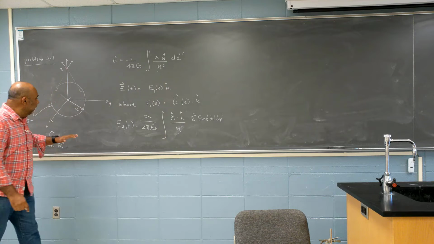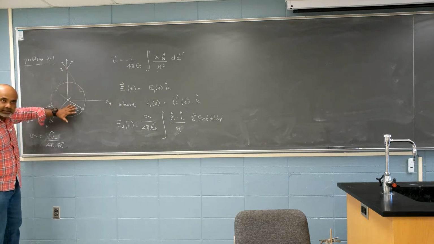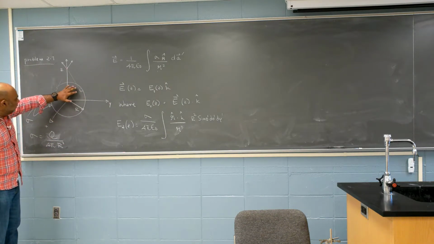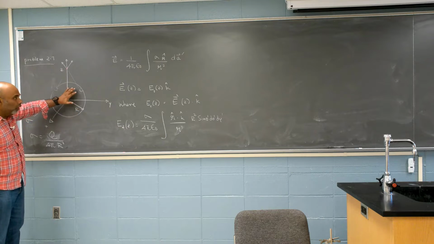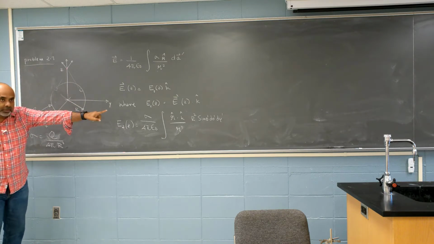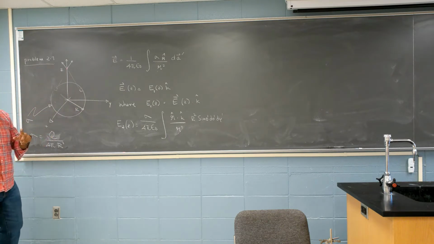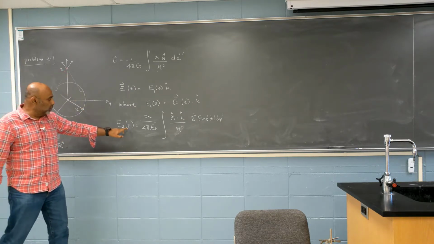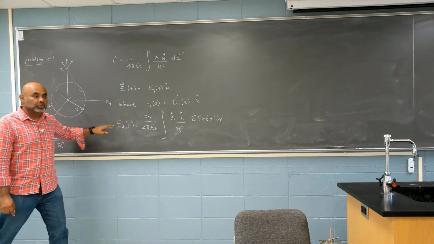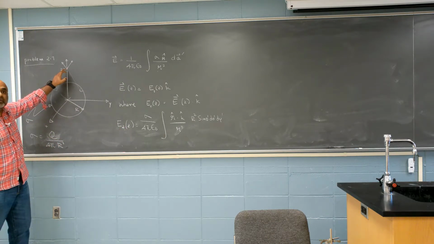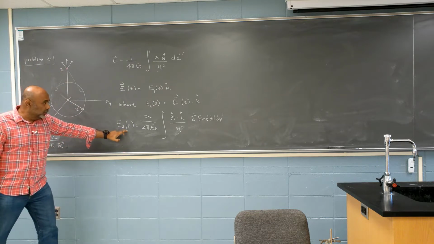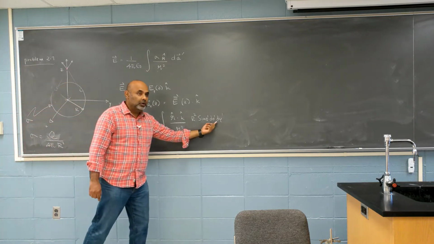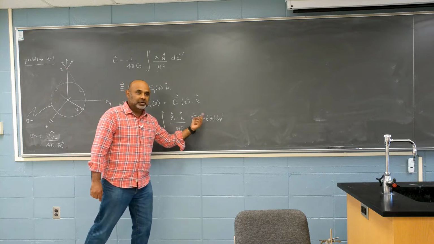But this is where the source is. So as I integrate over the sources, all the variables I use will be primed. Where am I evaluating the field? At this point z. I do not use prime. So to compute the electric field at one point, at an unprimed point, you have to integrate over all the primed surfaces.